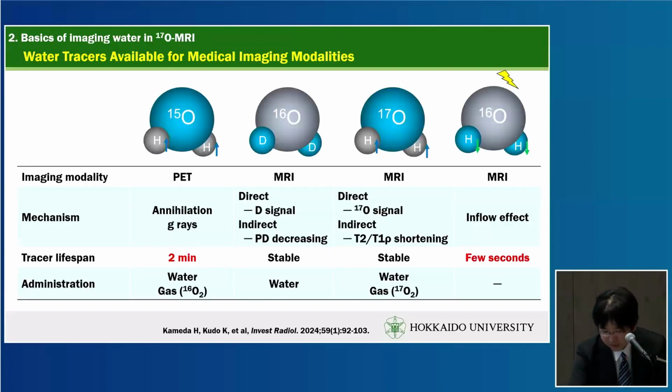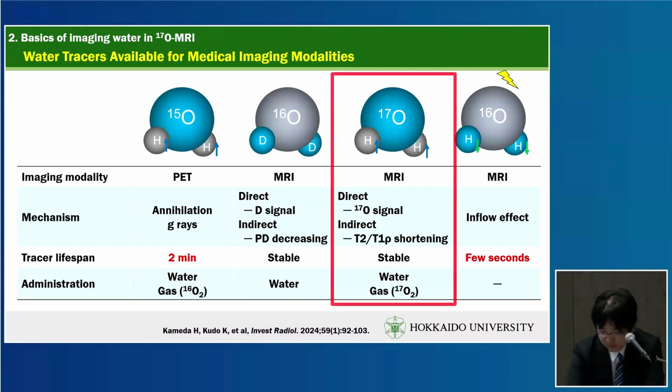So let's look at the potential water tracers that can theoretically be available with MRI. In my opinion, there are 4 tracers: O15, deuterium, and O17 labeled water. In addition, magnetically labeled water, which is used in arterial spin labeling, can also be categorized as an endogenous water tracer.